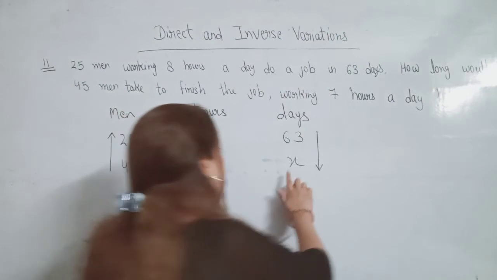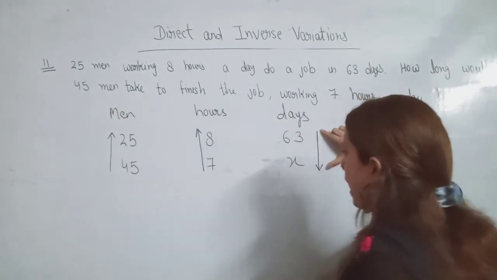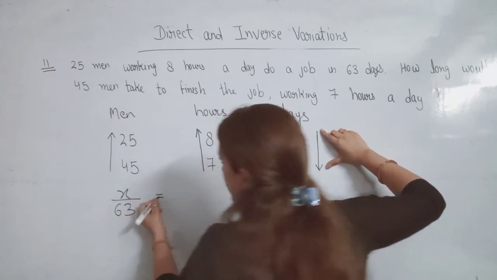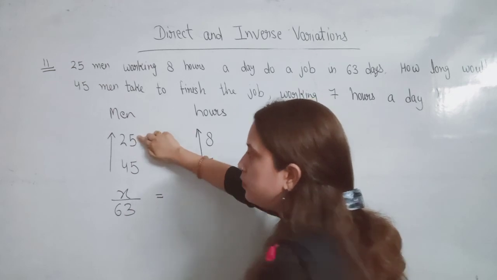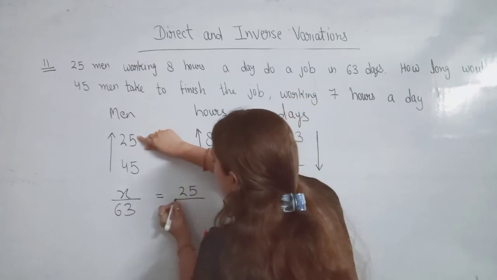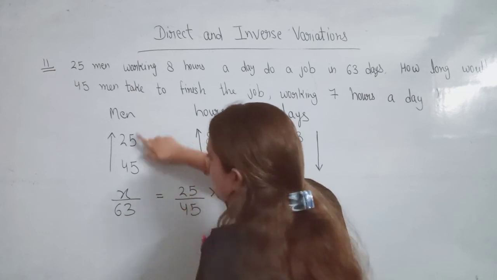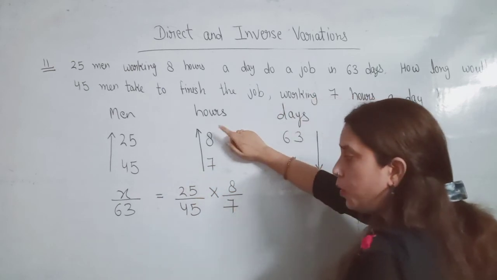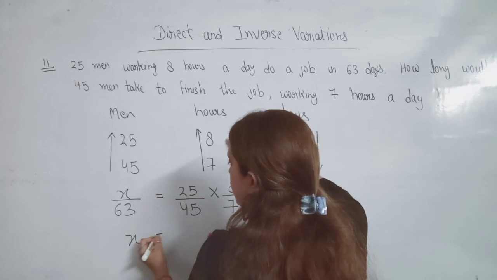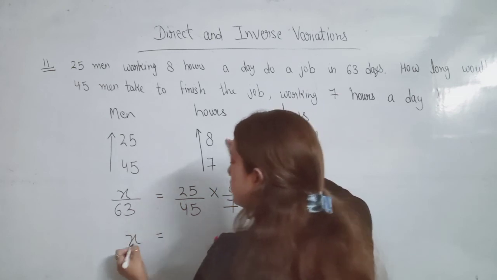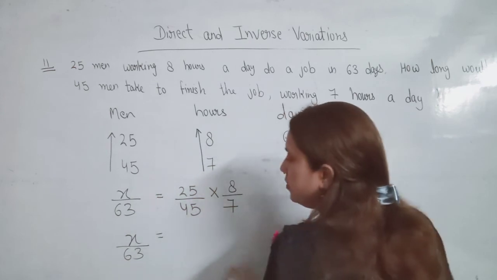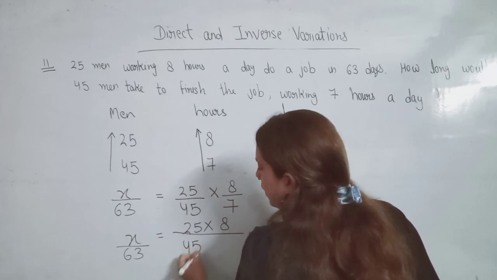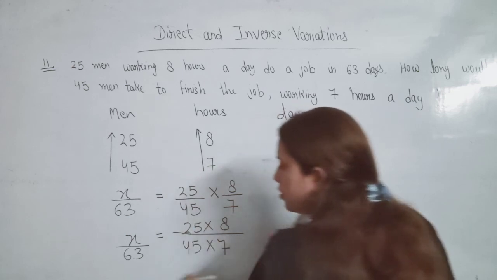Now how to write it? First we write down the unknown variable. x upon 63 is equal to 25 upon 45 into 8 upon 7, with the arrow in the direction of 25. So x upon 63 is equal to 25 into 8 upon 45 into 7. Now do the cross multiplication.